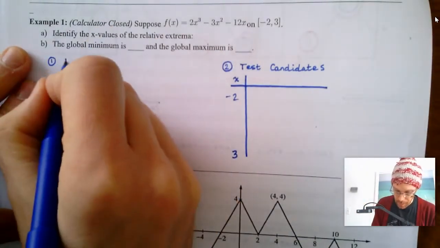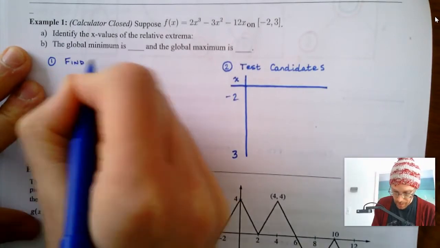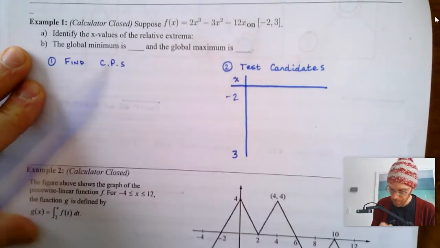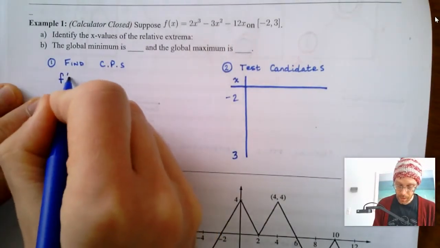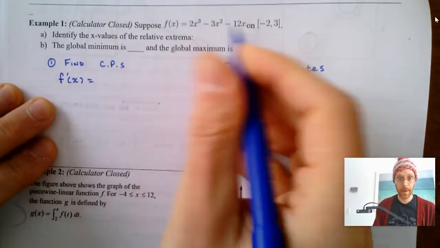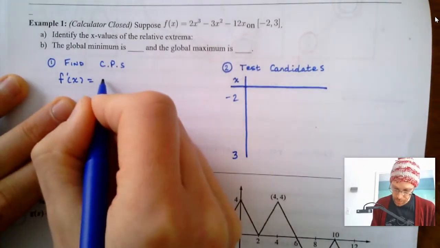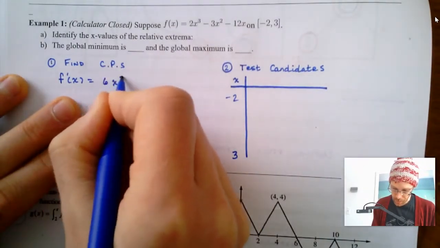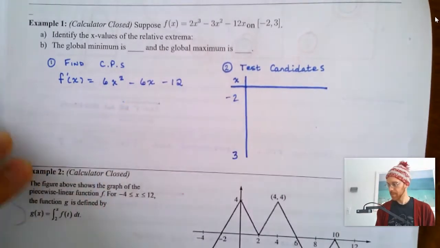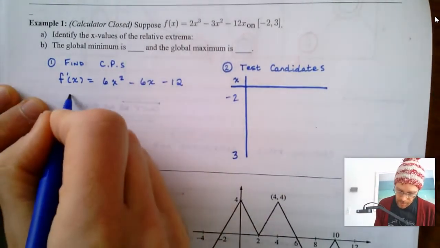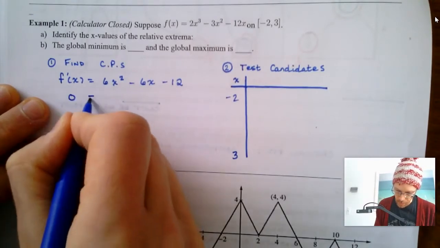Step 1 is going to be to find your critical points. And so we would do that this way. We would start by taking the derivative of our equation, which would be 6x squared minus 6x minus 12. And then we're going to set that equal to 0.